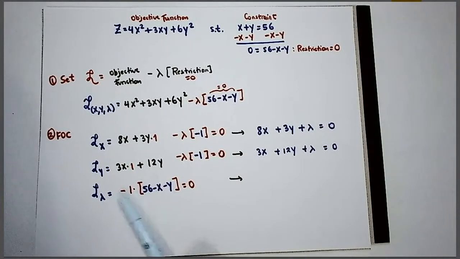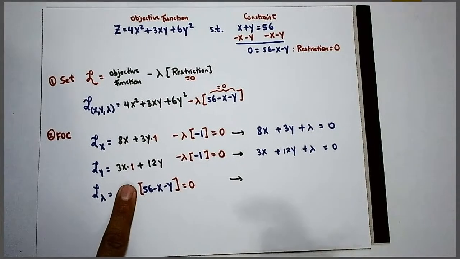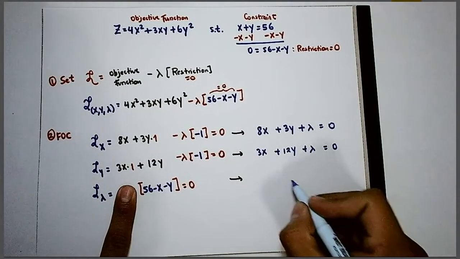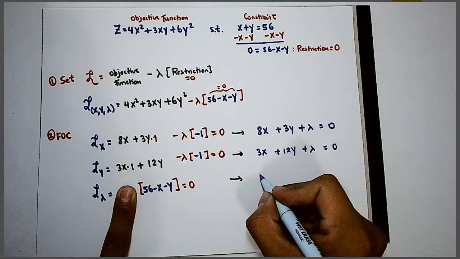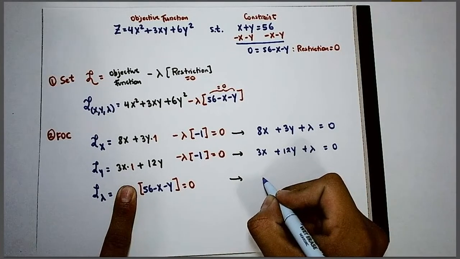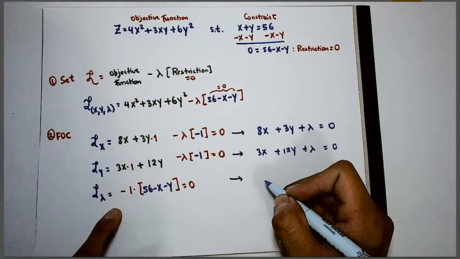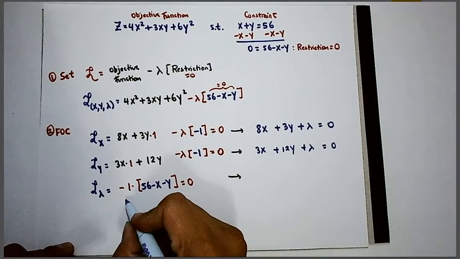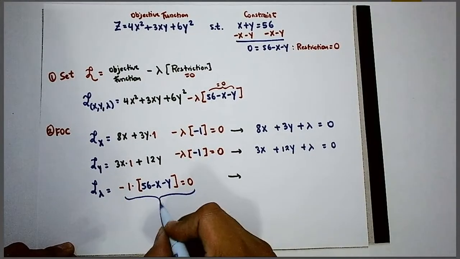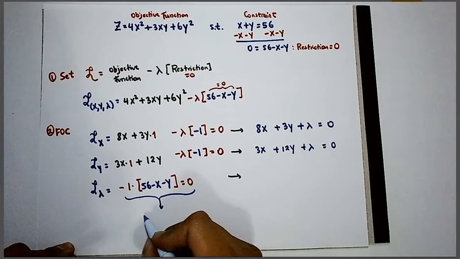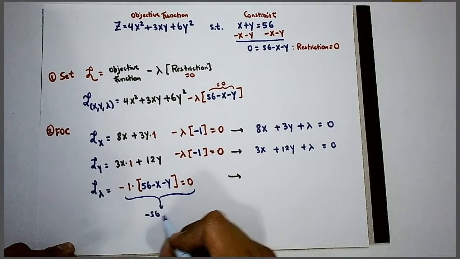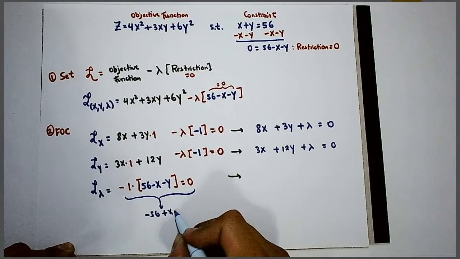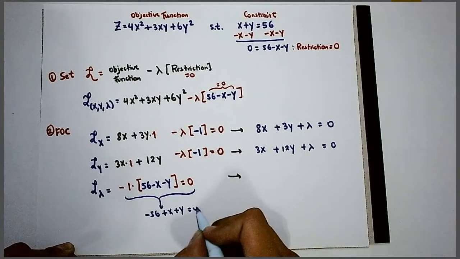Here we can multiply by minus 1, so this cancels out, or actually what we can do, which is easier, is notice here, I will write it down. This is minus 56 plus x plus y equals 0.